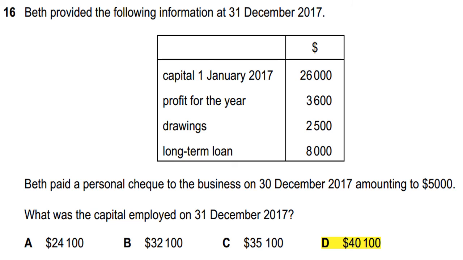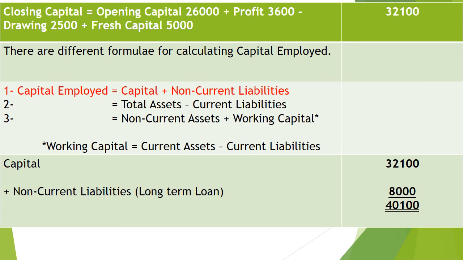What was the capital employed on 31st December 2017? And D option will be correct, $40,100. We will see the working in the next slide. First find out the closing capital.